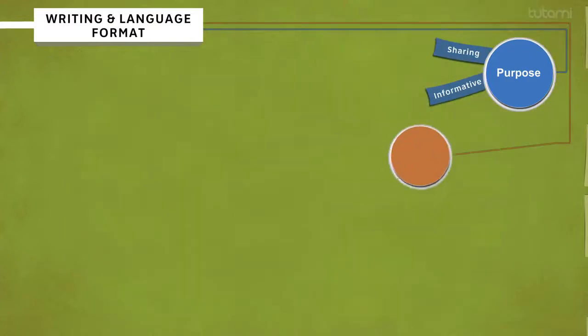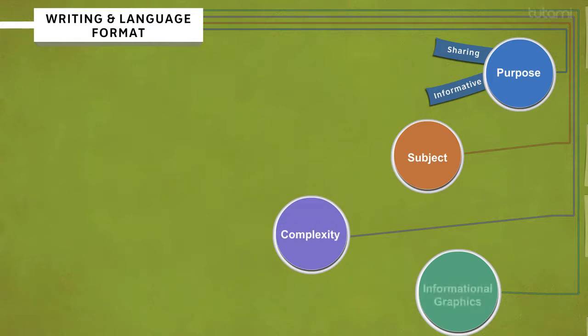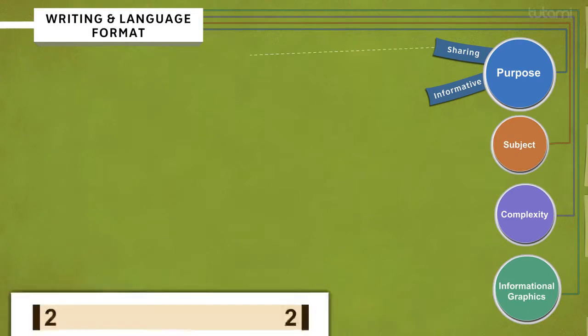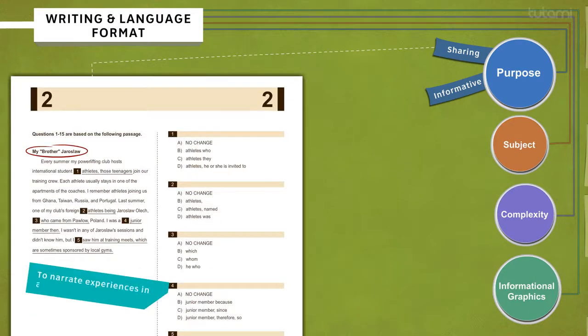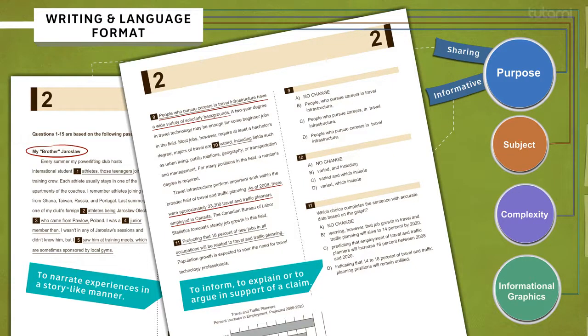But, as this is important to remember, the four key features of the writing and language section can be divided into purpose, subject, complexity, and informational graphics. So for purpose, sometimes the test passages will focus on narrating experiences in a story-like manner. Other times, you'll see that they're mainly there to inform, explain, or argue to support a claim.